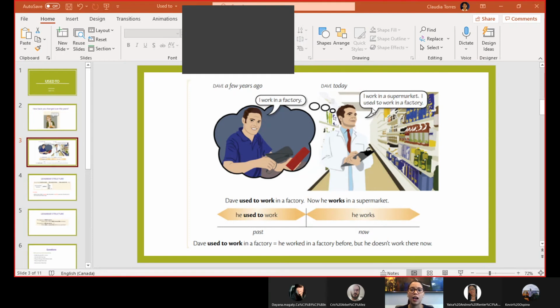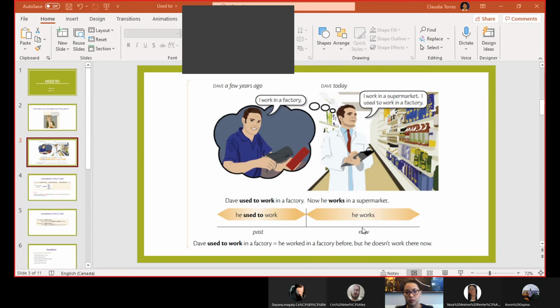Then he says, I used to work in a factory. Now he works in a supermarket. So in the past, he used to work, because that was a past action, a habit, or part of his routine.